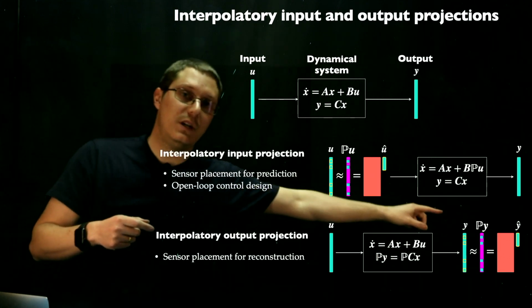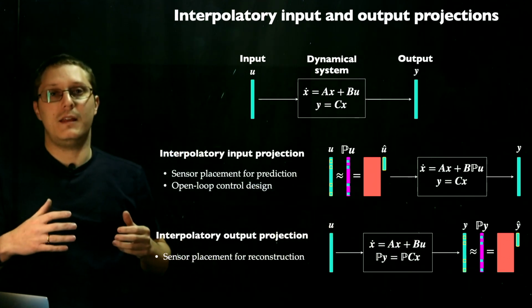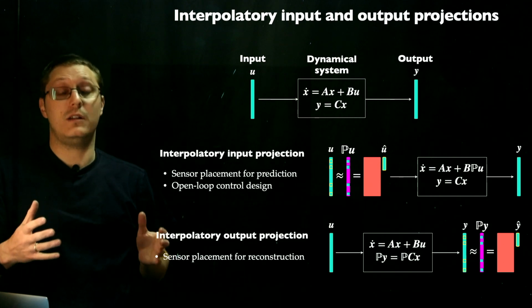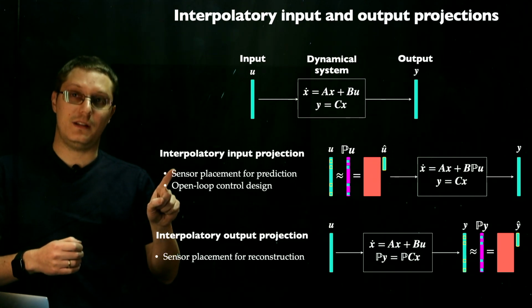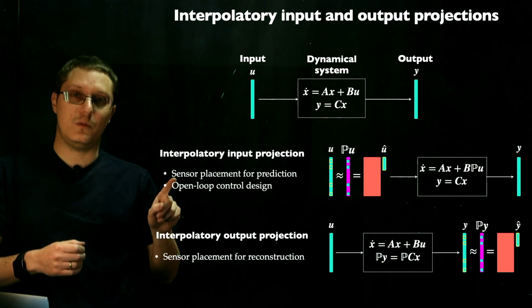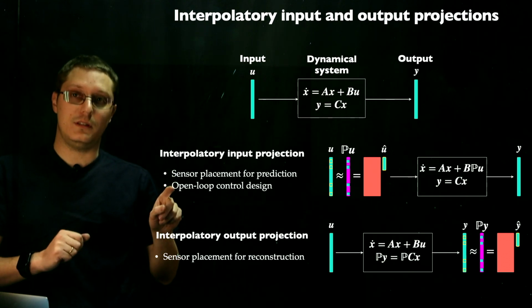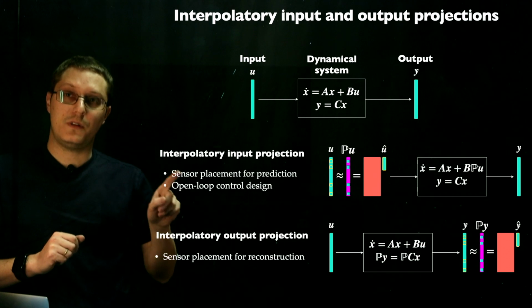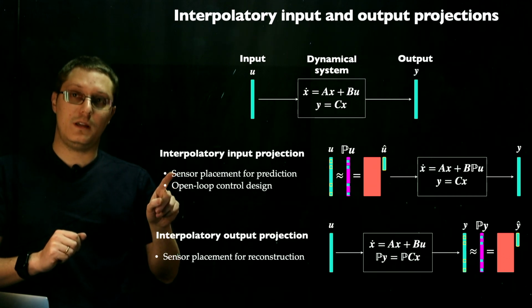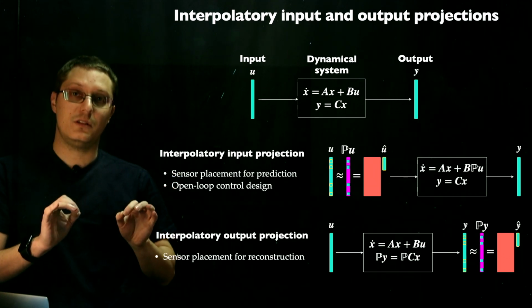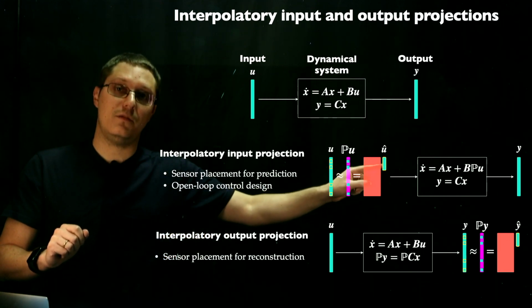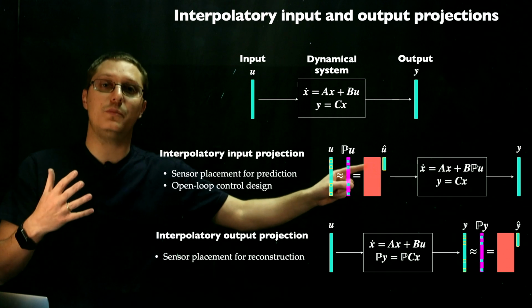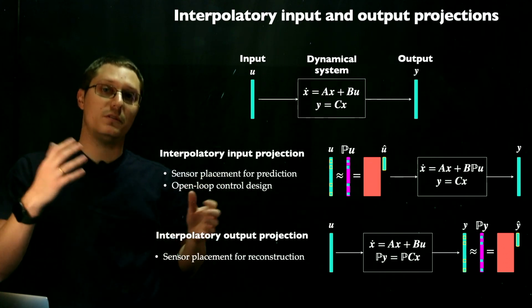And the same goes for the output, okay? So that's the main contribution of our work, along with the examples of how this is useful. So we take a look at a few examples in the paper, and I will show just two in this talk. So the first one is we can learn where to place sensors so that from a subset of the input, so from partial input information, we predict the response of the full system.